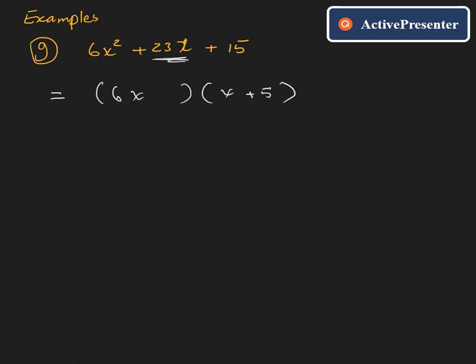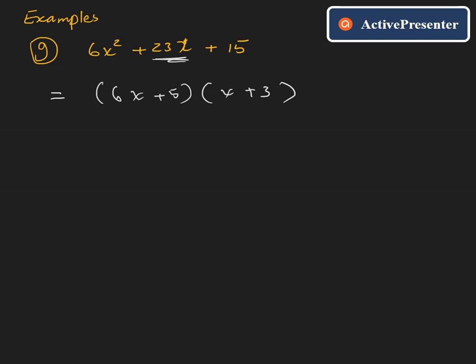and plus 3. So 6x multiplied in plus 5 is what? 30x. 3x here, if you add them, you will get 33x. So we are going to change these numbers because they are not giving us the middle term. So let's say here I will put plus 5 here, I will put plus 3.